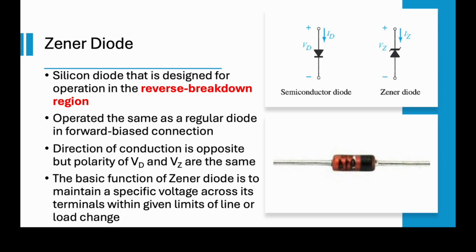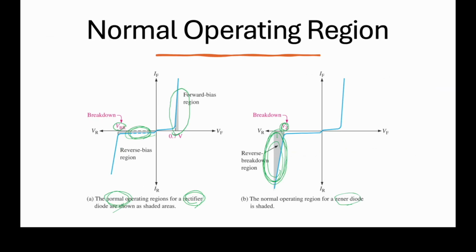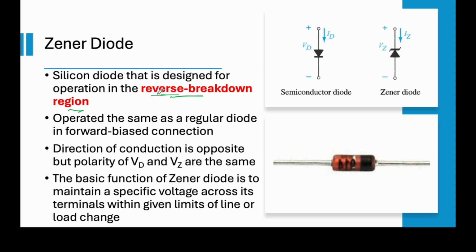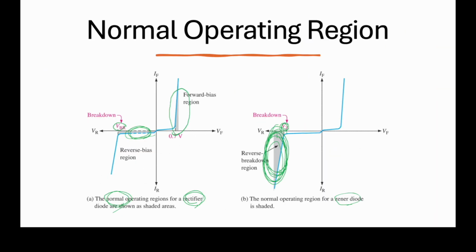So let's learn more about the Zener diode. We can see here, the Zener diode is designed for the reverse breakdown region, so that's why it can work in the reverse breakdown region, because the configuration must be a reverse bias configuration. It operates the same as a regular diode in forward bias connection. At this forward bias area, does the Zener diode work or not?